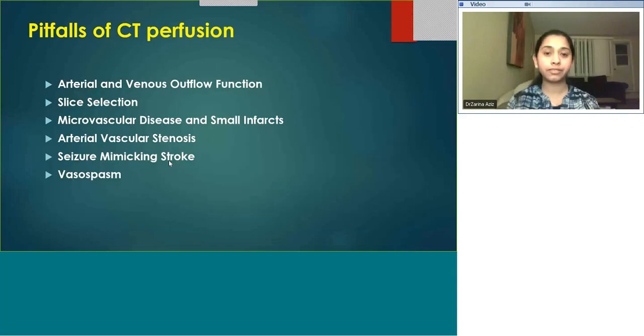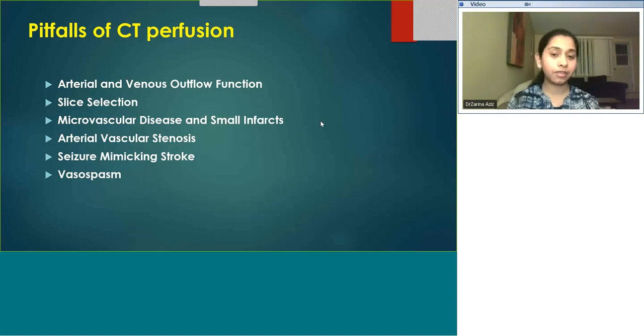But what are the pitfalls of CT perfusion? First of all, it depends on the arterial and venous outflow function. So in patients who have cardiac or circulatory disorders, it will be difficult for the computer to assess the arterial function clearly. Then slice selection. Because it is done by the technicians, it is of paramount importance to teach them what the level of interest is, because sometimes they can take a few slices down or up and not really give a good picture of the MCA territory.